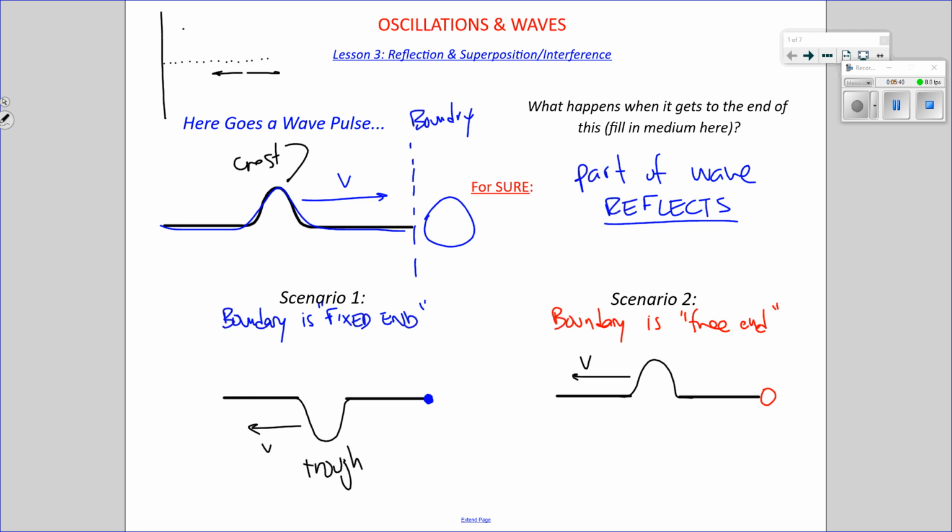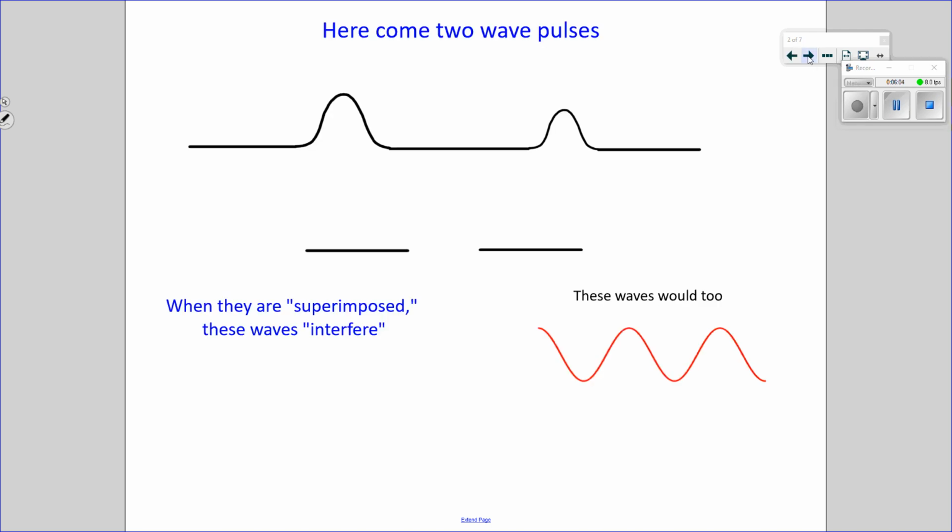This last particle can't move that way, so the wall acts like a fixed end. So the reflection of sound off the wall, quite literally the echo, will turn a peak into a trough. Okay, so that's reflection, which happens in a couple of ways.